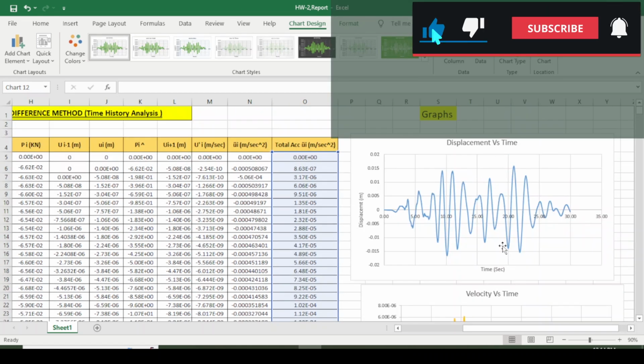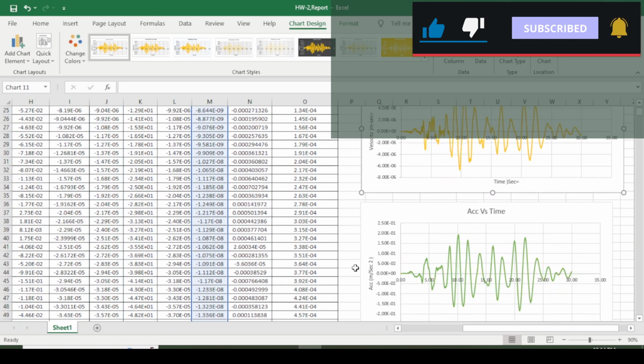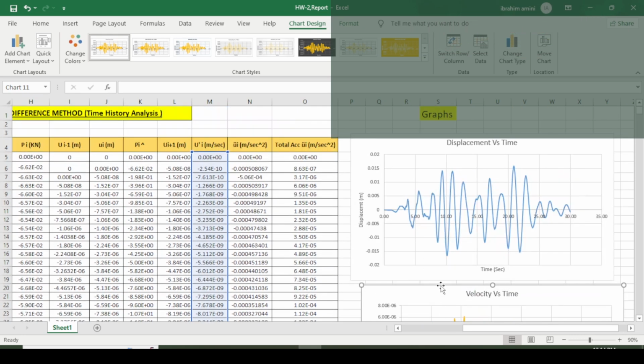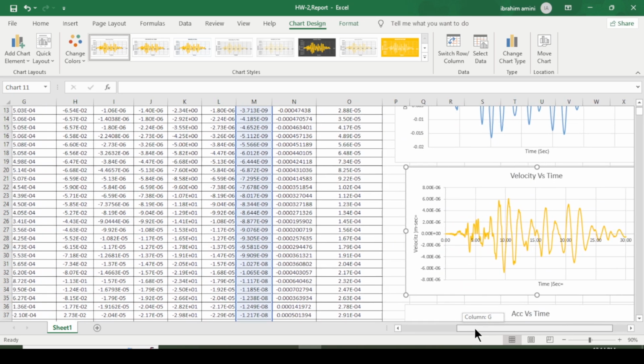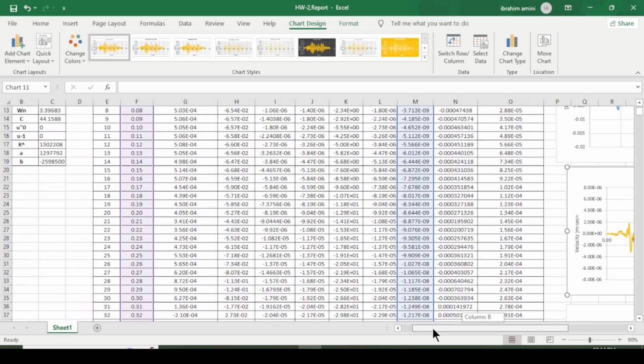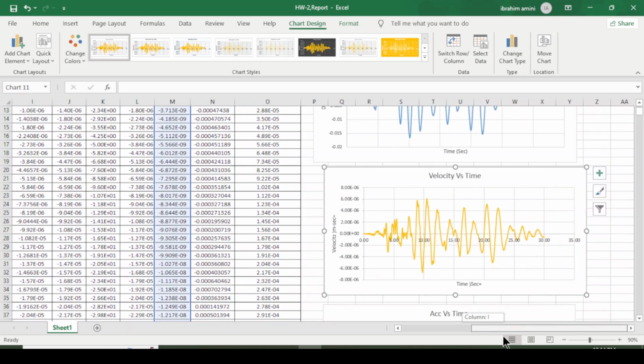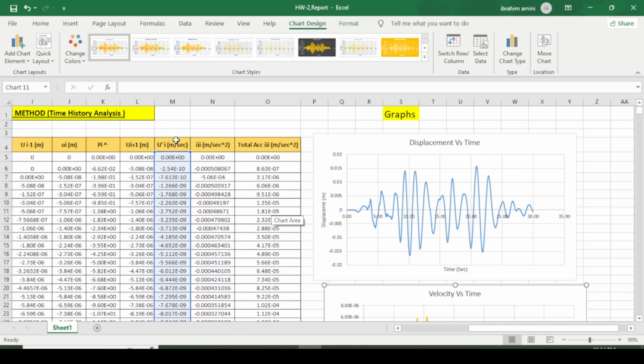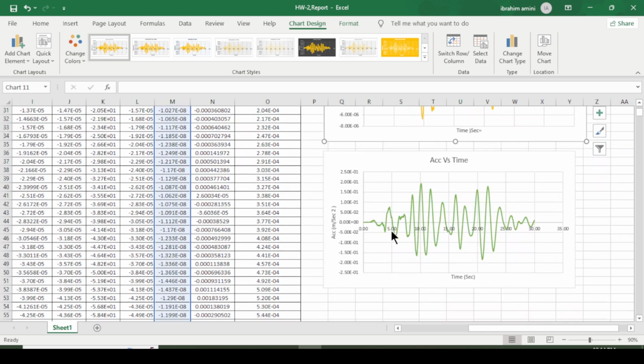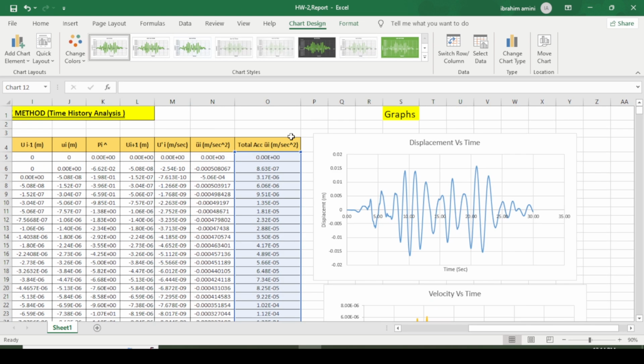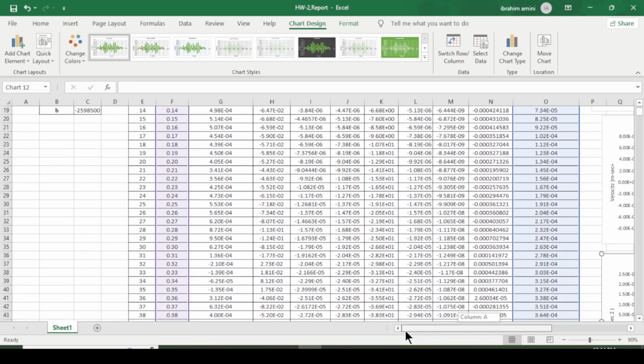So we have created all the graphs: displacement versus time, velocity versus time, and when you select this graph, all the values will be displayed here, the time difference and the velocity. When you select this one, it will be the total accelerations and the time difference.